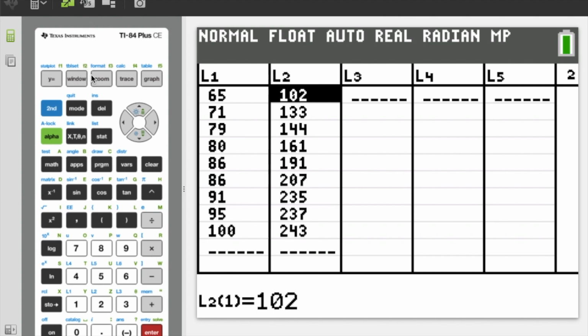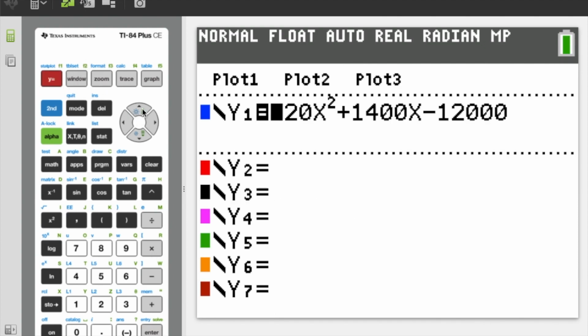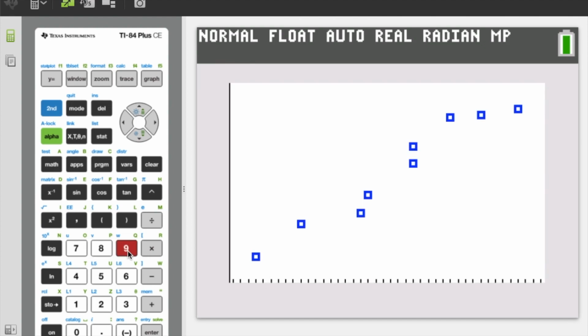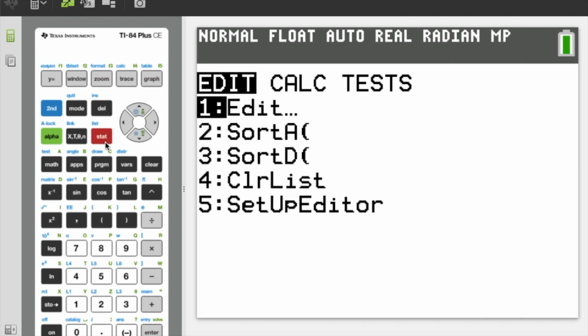So as before, we were able to, is my stat plot on? No, it is not. As before, we were able to view my scatter plot. All right, so you can go back to the first video to review how to do that. But I want to take this and actually determine the equation of the linear regression line. So to do that, I'm going to press stat. Right?